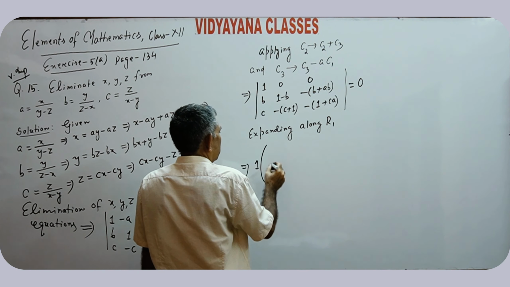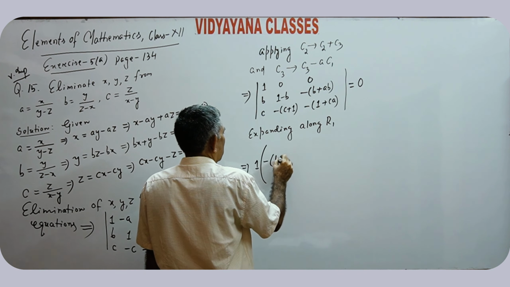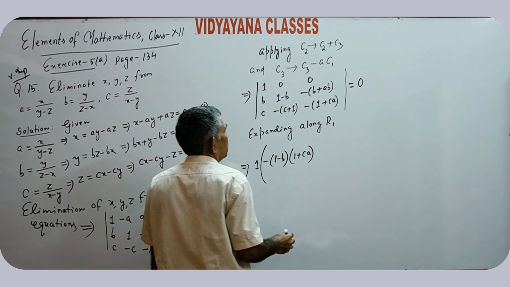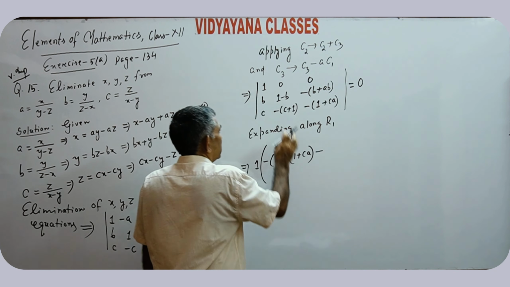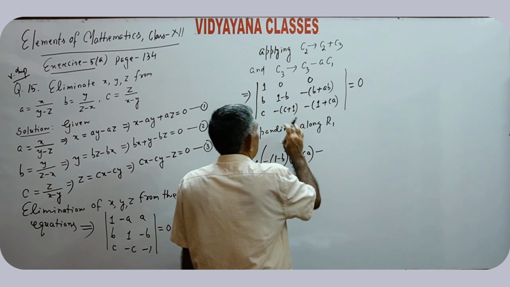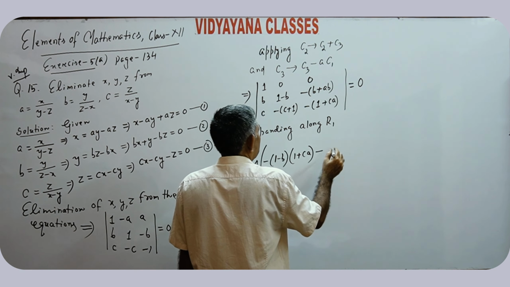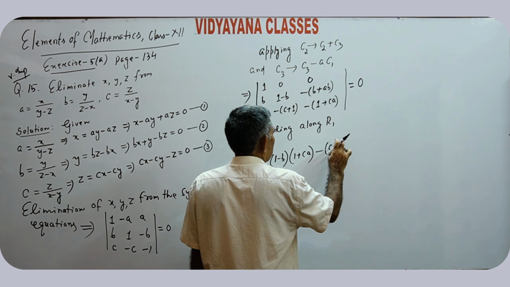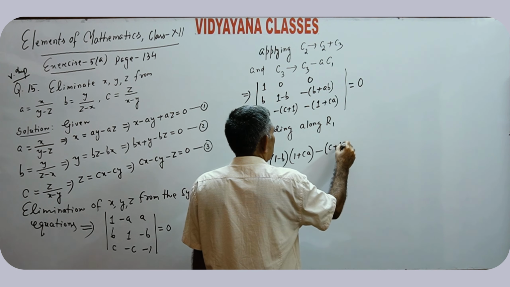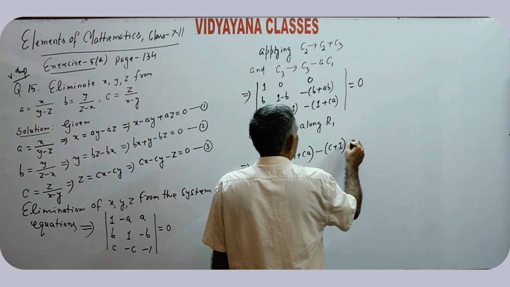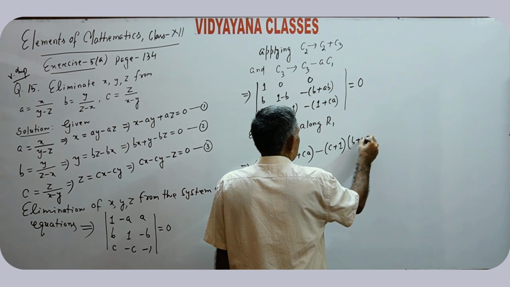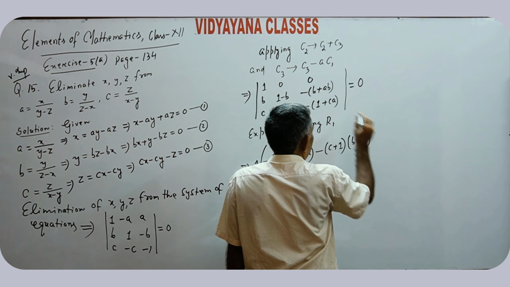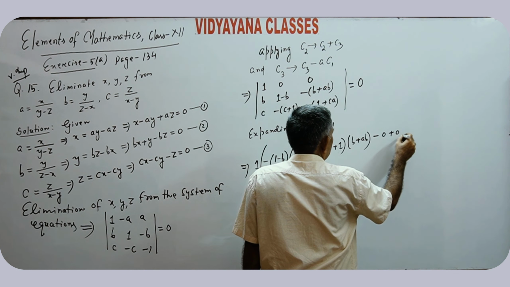this into this minus 1 minus of B into 1 plus CA, minus this into this minus plus minus C plus A C plus 1 C plus 1 into B plus AB, minus 0 plus 0 minus 0 plus 0.